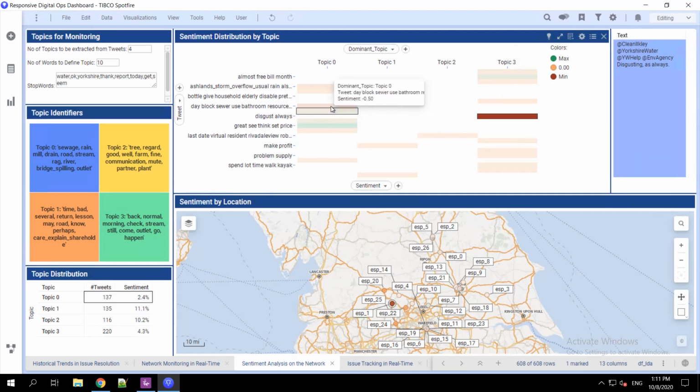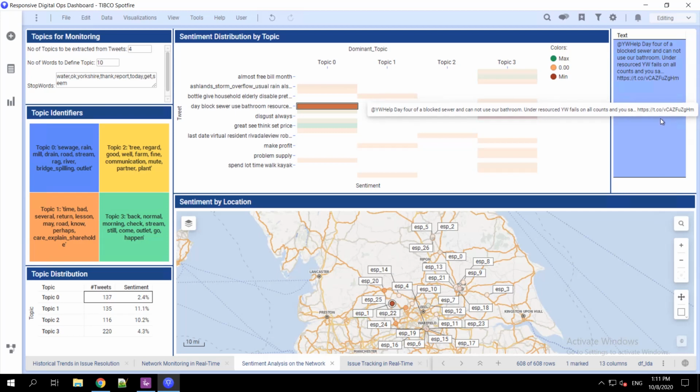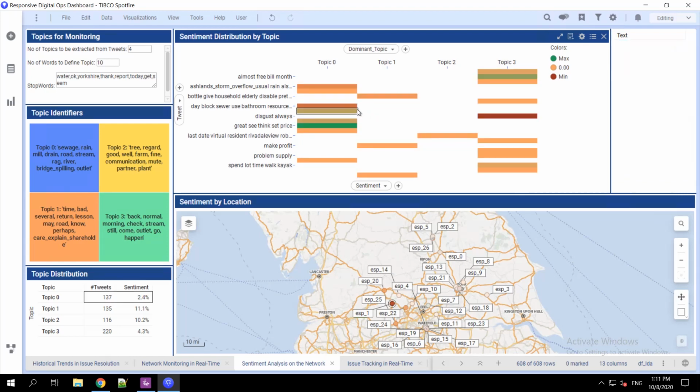So this particular customer didn't like the service, and this one says "day 4 of a blocked sewer and cannot use our bathroom," under resource. So you could see how these tweets are coming in, how negative they are, based on which we are able to give them a negative sentiment.